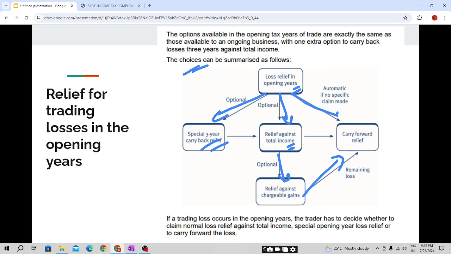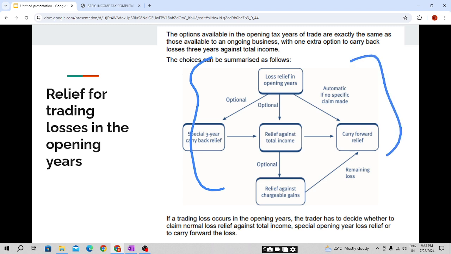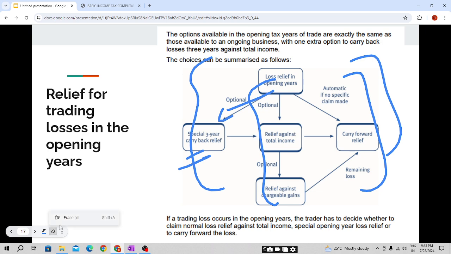Then after 3 years, again this year. I hope this flow chart is clear, students. This portion is everything the same, but we are getting an additional option, known as the special 3-year carry back relief.